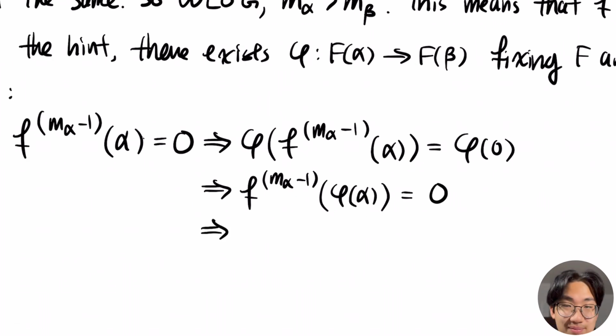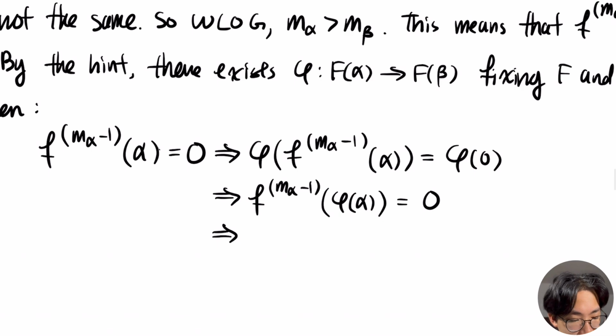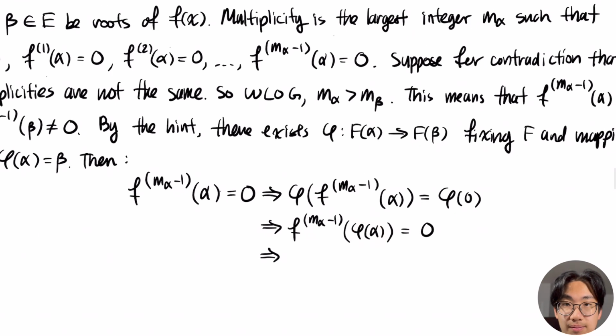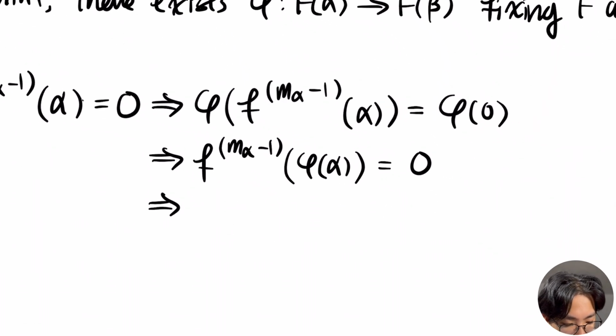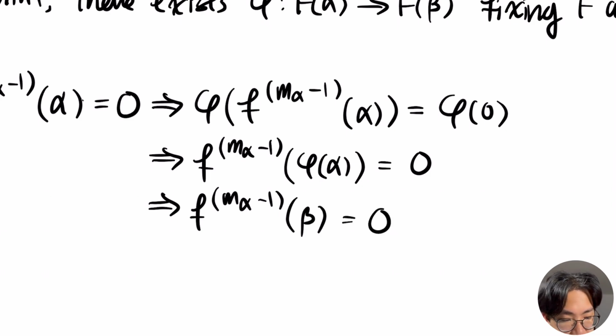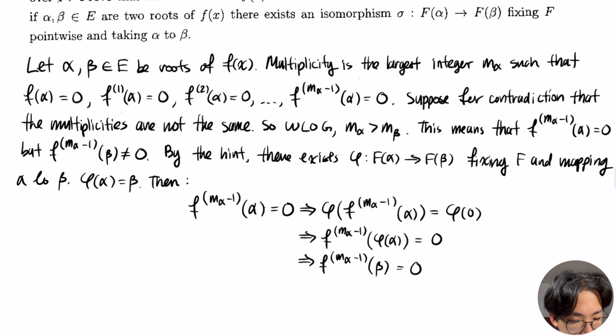But again, very important that we're making use of this hint. Phi of alpha, it maps alpha to beta, right? So we know that this then becomes the m alpha minus 1 derivative of just beta is equal to 0. But this contradicts exactly what we had right over here.